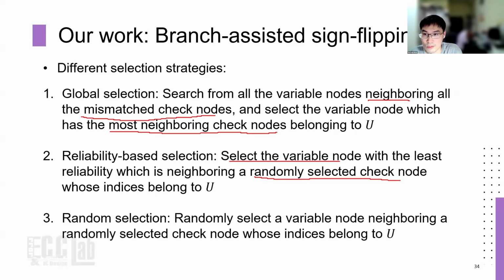Last, we randomly select a check node in U and randomly select a neighboring variable node.